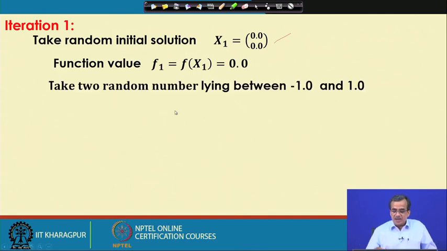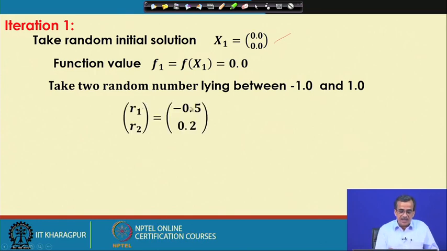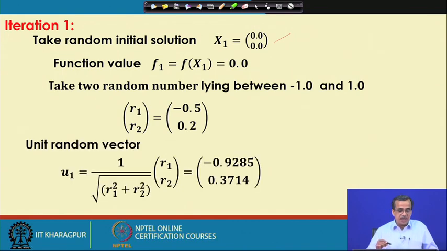Take two random numbers lying between minus 1 and plus 1, supposing that R 1 equals minus 0.5 and R 2 equals 0.2, and using these random numbers, I can find the unit random vector which indicates the search direction. So, u 1 is 1 divided by square root of R 1 square plus R 2 square, multiplied by R 1 R 2, and if I calculate, I will get the numerical values like this.